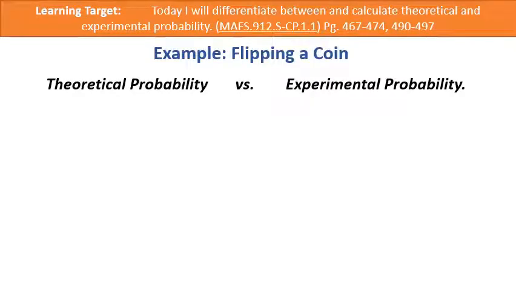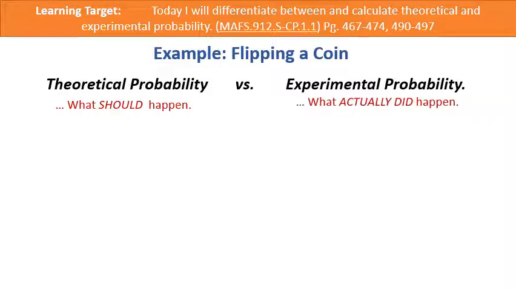Okay, so here's a helpful way of thinking about it. Let's look at theoretical probability versus experimental probability. Theoretical probability is what should happen, what we expect to happen. Experimental probability is what actually did happen when we performed some experiment, when we gathered some data.